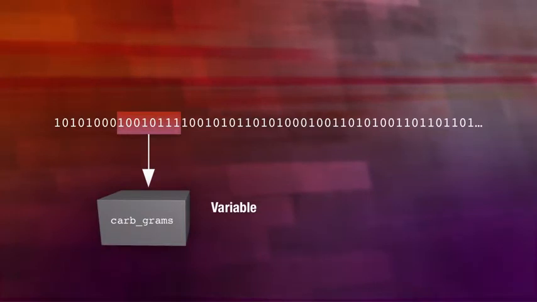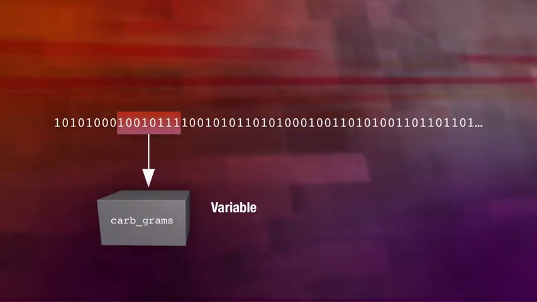The variable name is the way that we'll refer to the box of memory. And this variable name is often called the identifier, since it's the way that we identify which box of memory we're referring to. When we refer to carb_grams in our program, we'll be referring to that box of memory, and more specifically to the value contained in that box of memory.